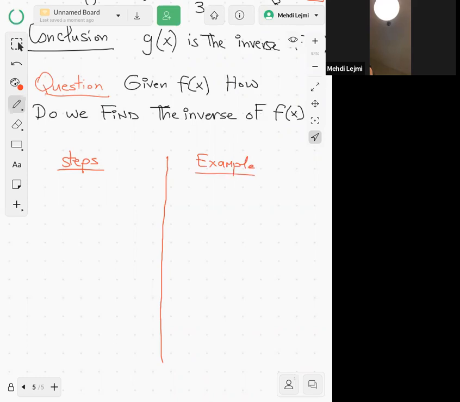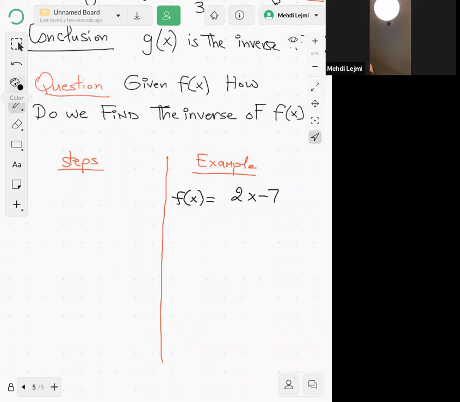Let's say my f of x is, taking a random f, 2x minus 7. The goal here is to find the inverse of f.